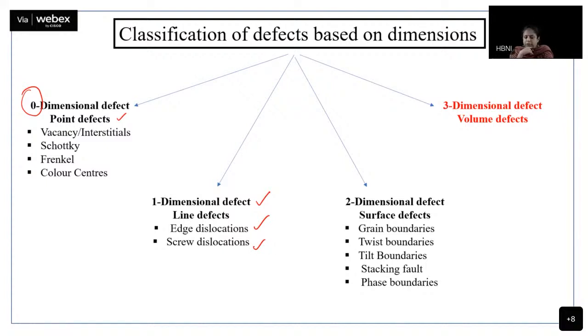We'll talk about that a little later. Two-dimensional defect. When your defect extends along a plane, a 2D surface, we call them 2D defects or surface defects. And what are they? The grain boundary, twist boundary, tilt boundary, stacking fault, phase boundary, something also known as twin boundary, and we will talk about them.